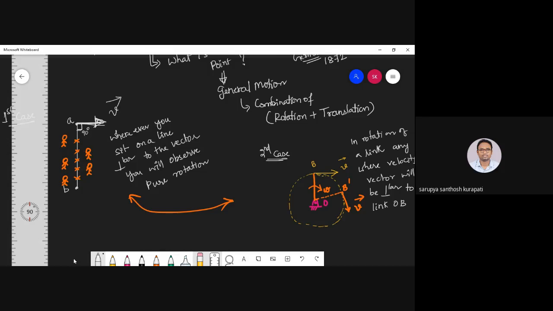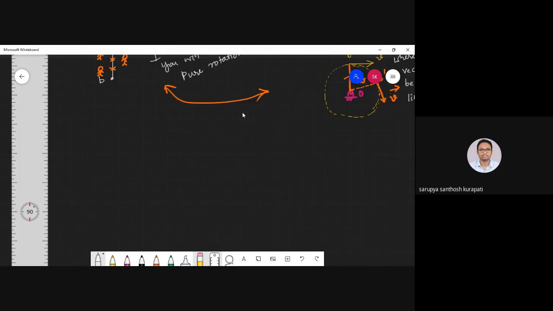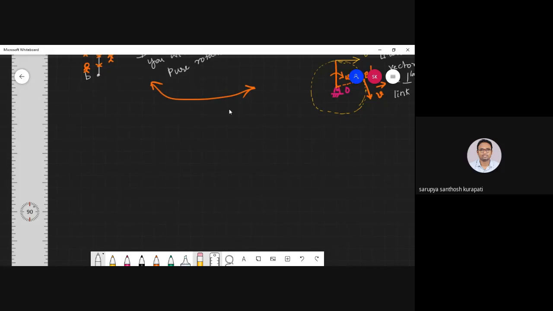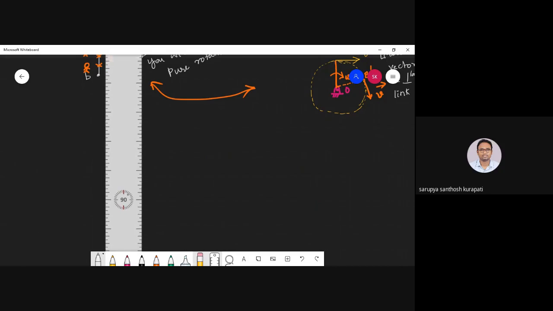So they have combined these two cases, and they have derived one solution. What is the solution? So I hope you got these two cases. What I'm doing is taking a link.